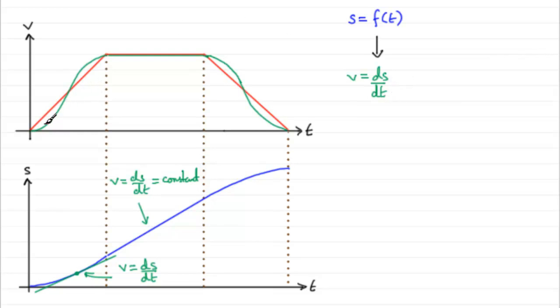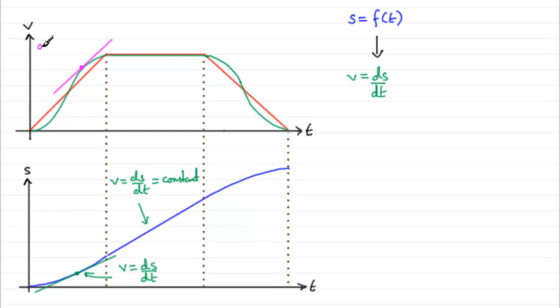Now once we've drawn our velocity time graph, remember we saw that gradient always gave acceleration. So therefore, if I wanted to know the acceleration over this period, I could work out the gradient, say, of the red line. But what happens when we've got a curve? Well, just the same kind of thing as we did down here. We need to differentiate with respect to time. So for instance, if I was looking at the acceleration at this point here, I would need to work out what the gradient of the tangent was at that point.